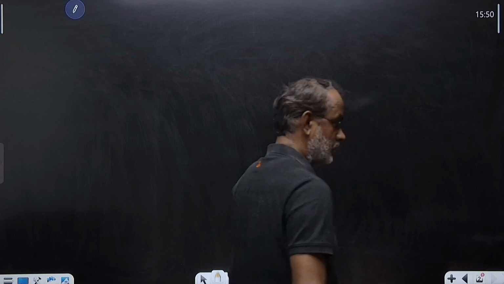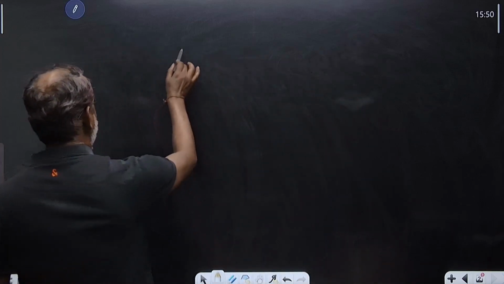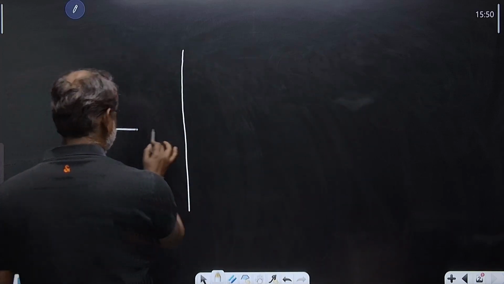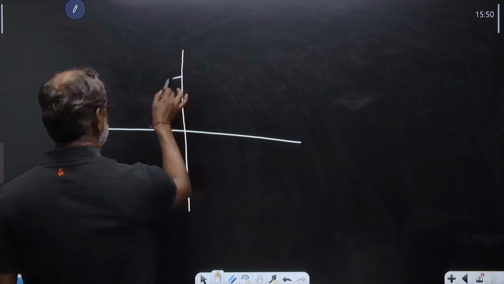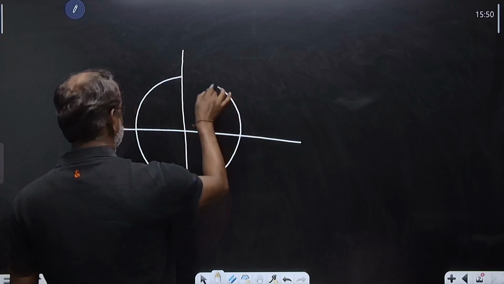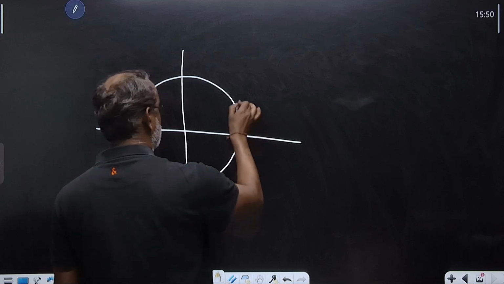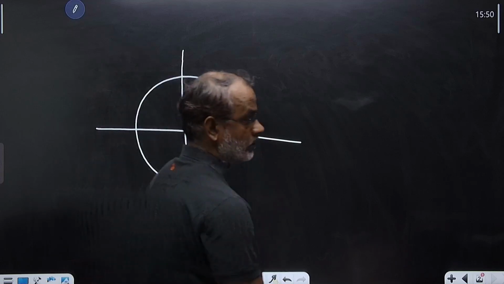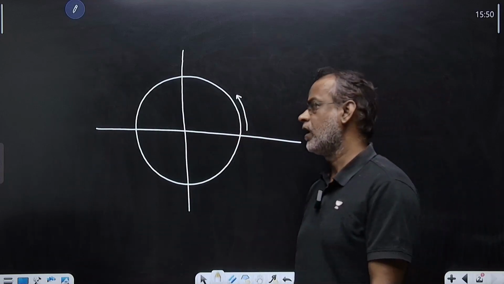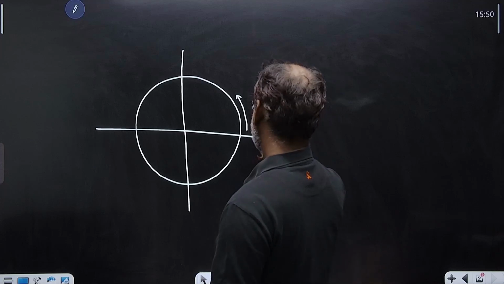So, what we say is that if we take a unit circle, and if we are moving counterclockwise, the measurement is positive.